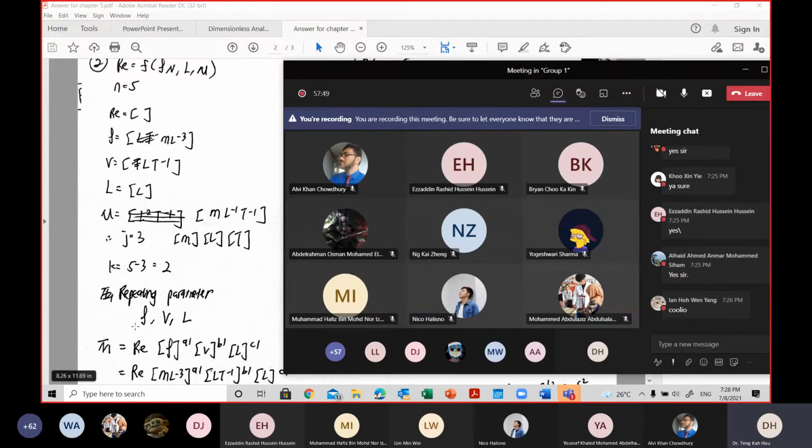So in this case, I have selected rho, V, L. This is what I select, but don't worry if you select different ones. I believe once you do the calculation, it will be the same. Okay, don't worry about this. So until this step 4, are you comfortable with that?